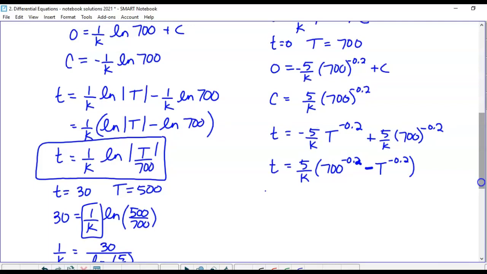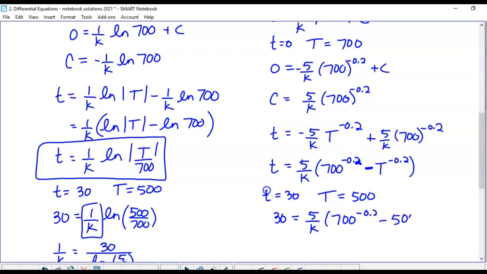Okay, so then let's figure out what k is. So we found out what c is. Okay. T equals 30 when temperature is 500. So we've got 30 equals 5 over k, 700 to the negative 0.2 minus 500 to the negative 0.2.